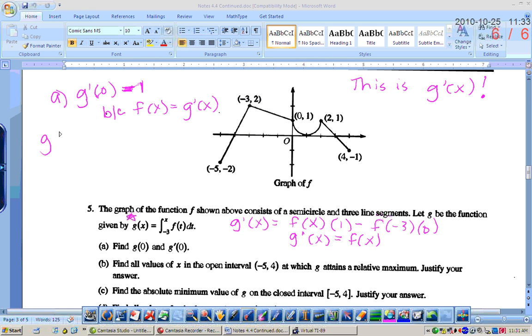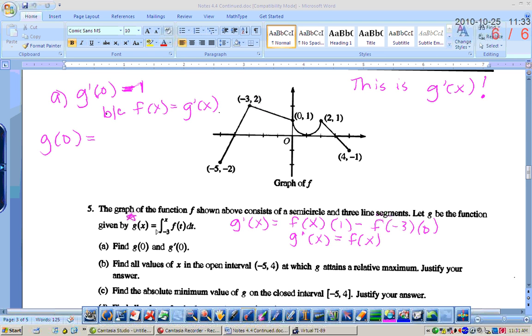All right, g of 0. What do you think? Okay, it has to do with the area under the curve. They basically define g of x as this right here.